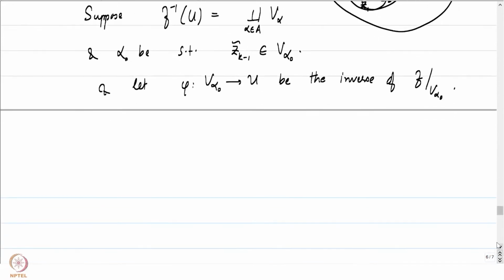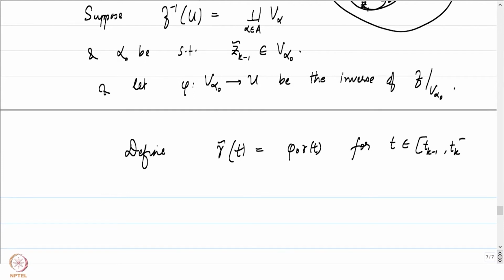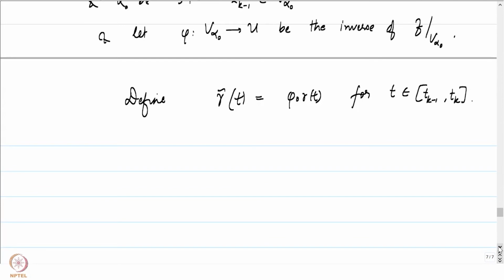Now let's imitate what we did earlier and define gamma tilde of t to be equal to phi composed with gamma of t for t in [tk minus 1, tk]. Notice that by very definition, this map gamma tilde is going to be a lift, and moreover, it will also start from zk minus 1 tilde, and therefore it's going to be a continuous map by the gluing lemma.